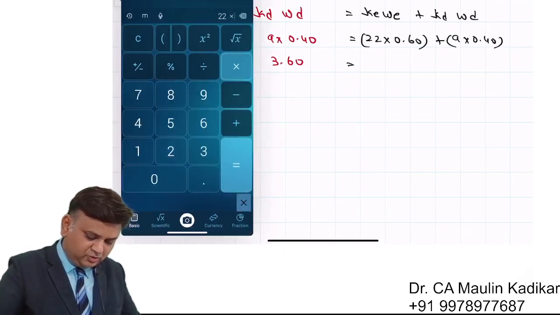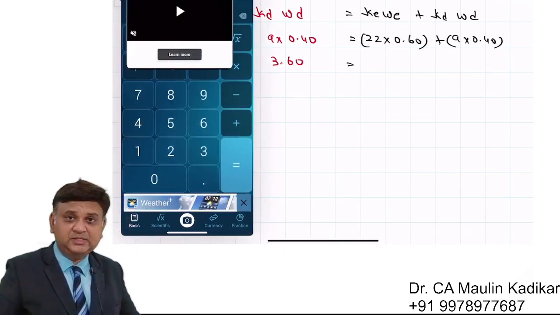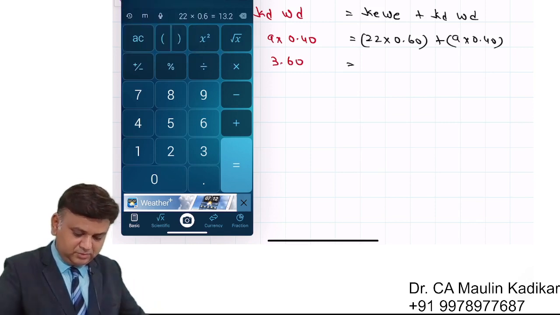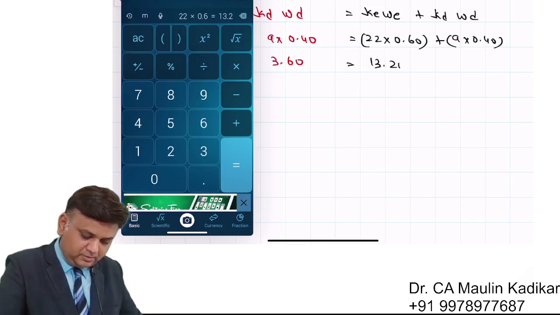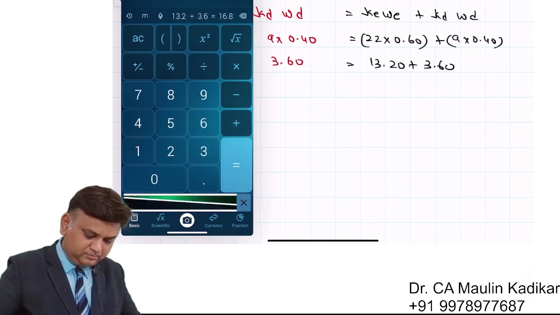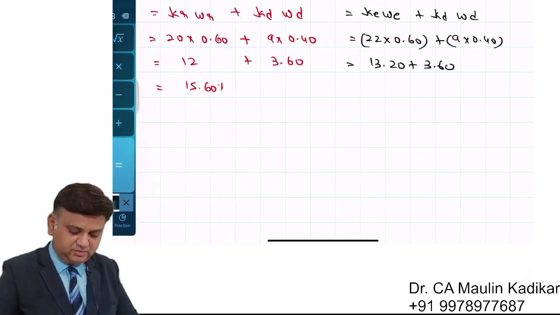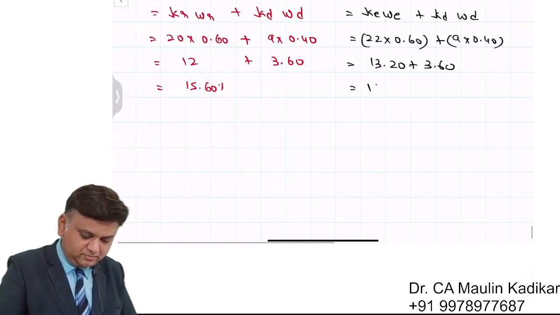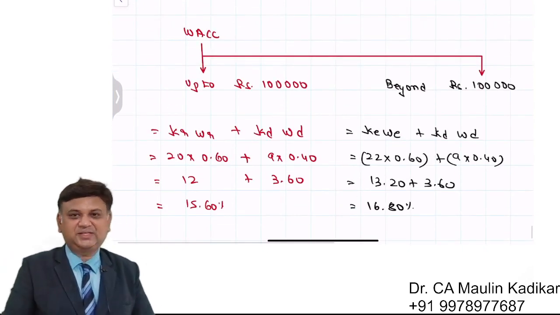So 22 into 0.6, that is 13.20 plus 3.6, 16.80. Please write an answer.